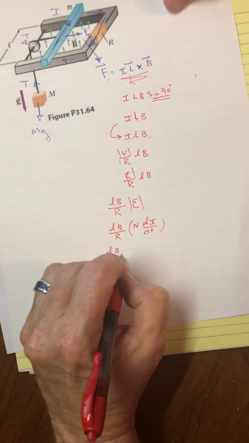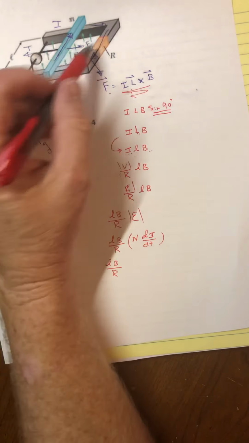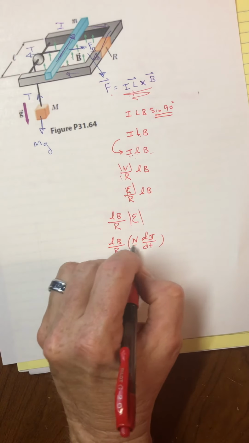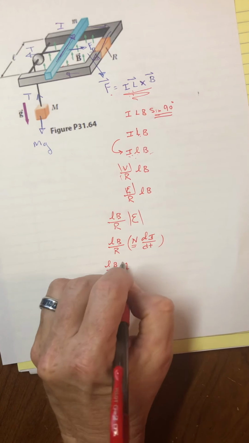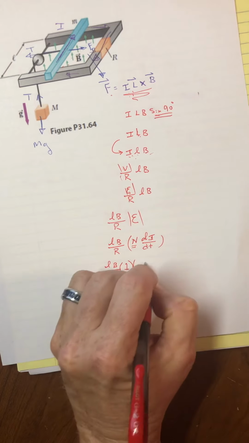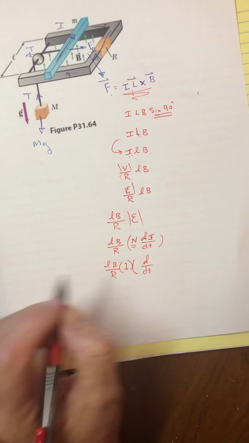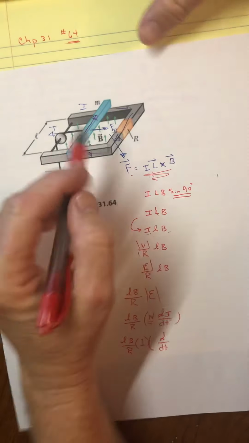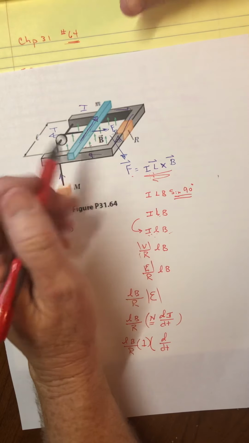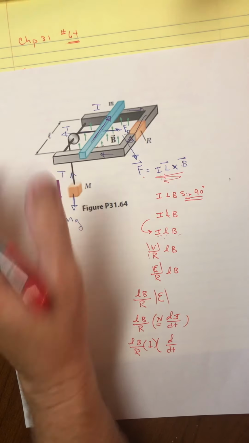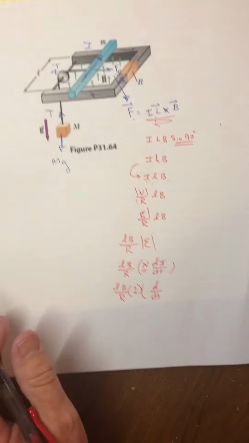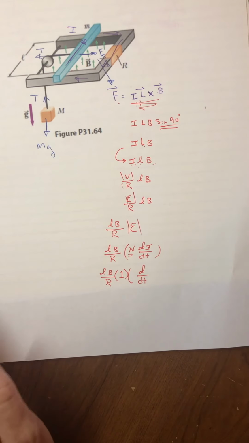And for this particular problem, we only have one loop, so capital N is just equal to 1. And then the flux would be the area, and this is just our standard motion EMF. But I'll derive it again. I've done it a number of times, but it's worth seeing it again.